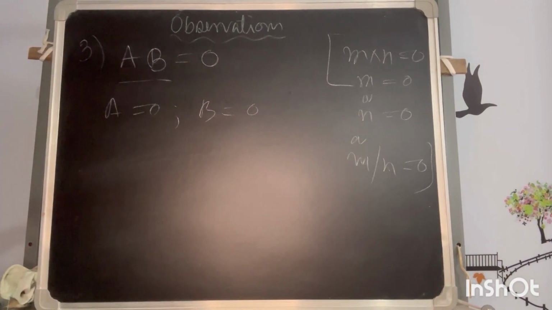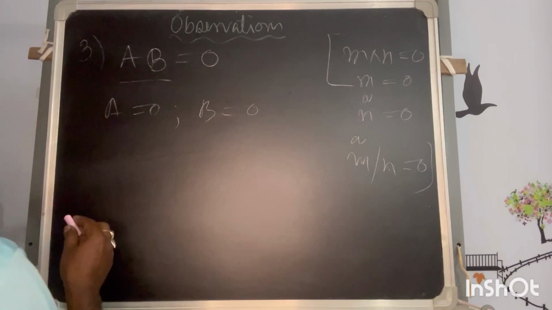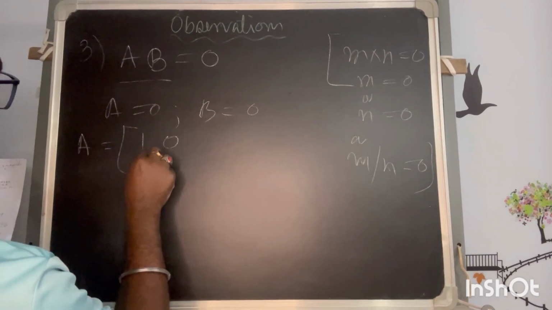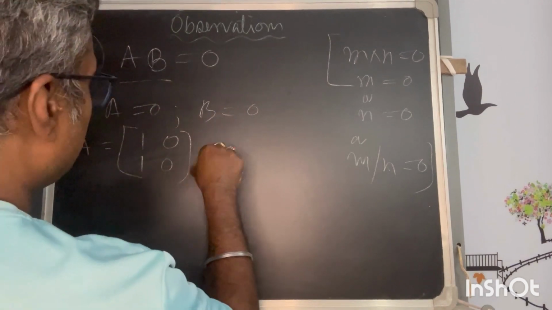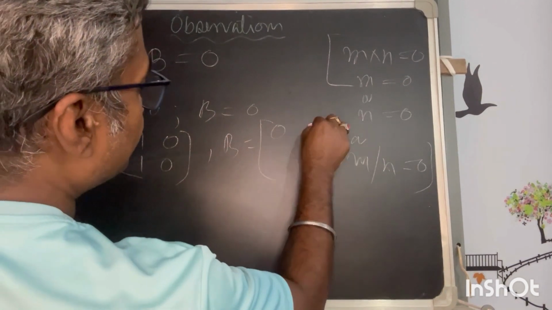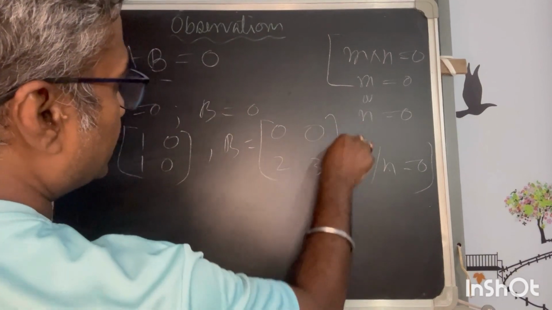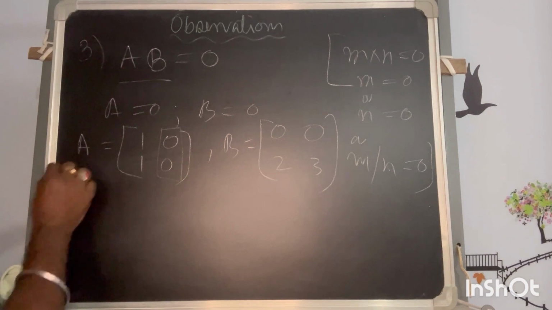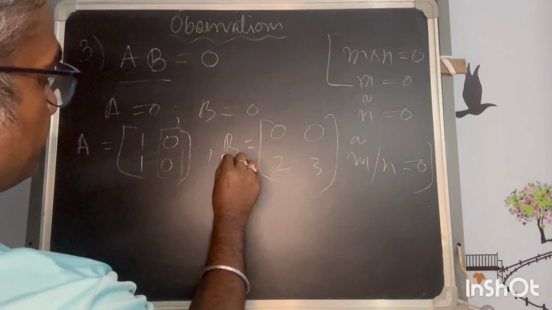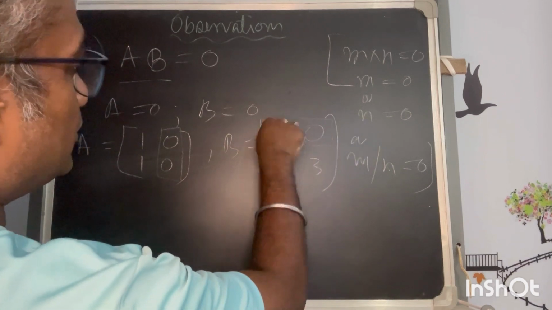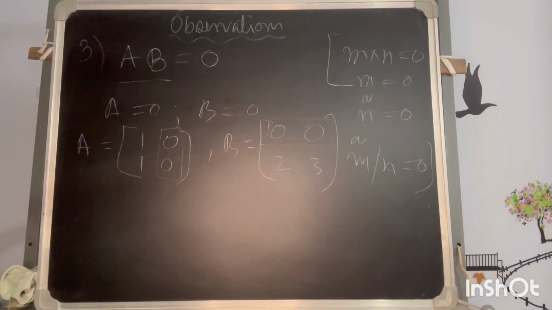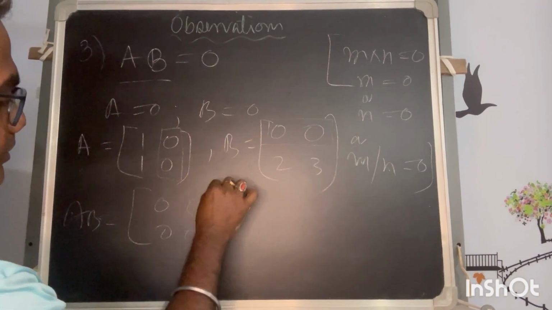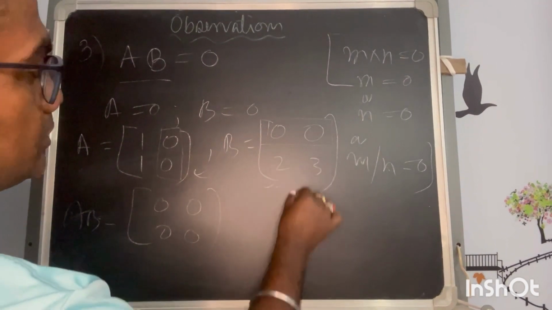So I will take the same example here. As I saw with the complete row in the earlier example, you can carry it over: one complete column of the first matrix and one complete row of the second has to be 0. In this case AB must be all 0, definitely, but individually these are not 0.